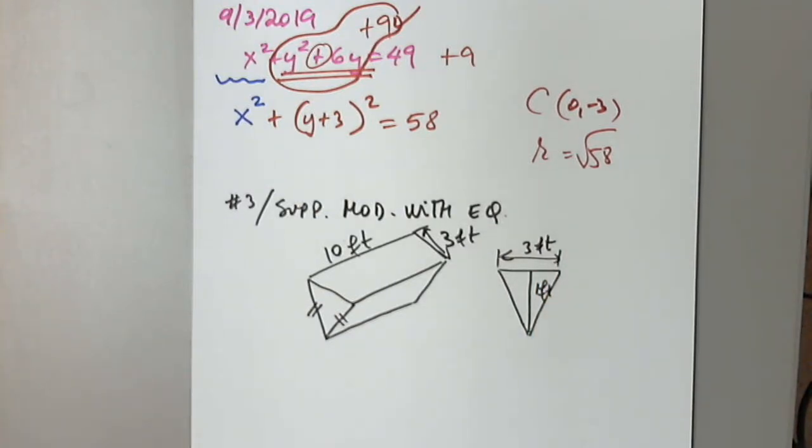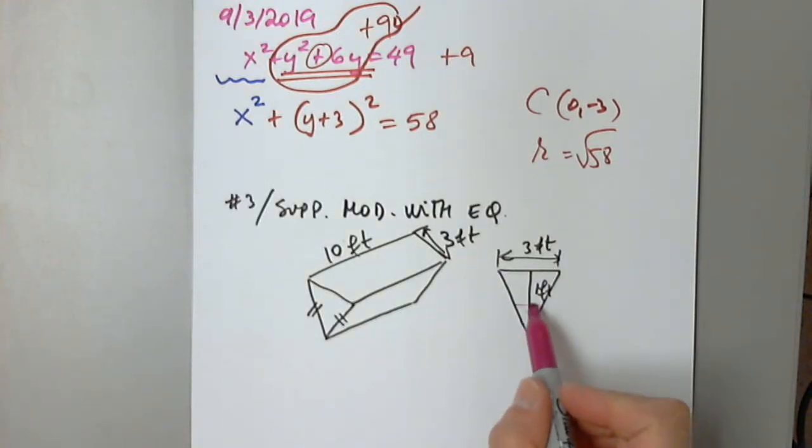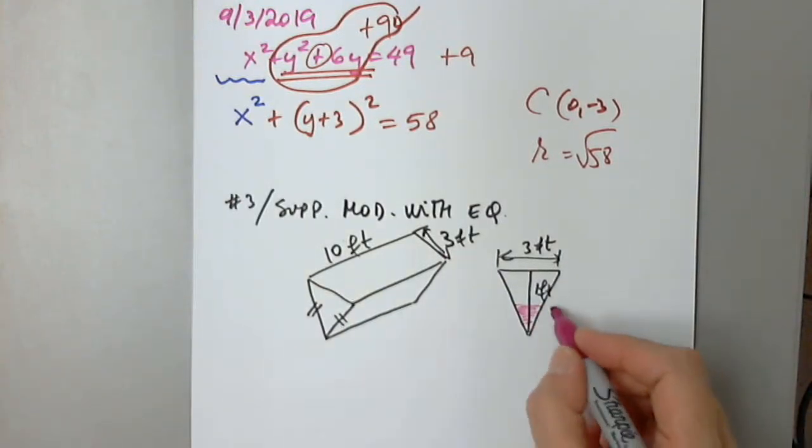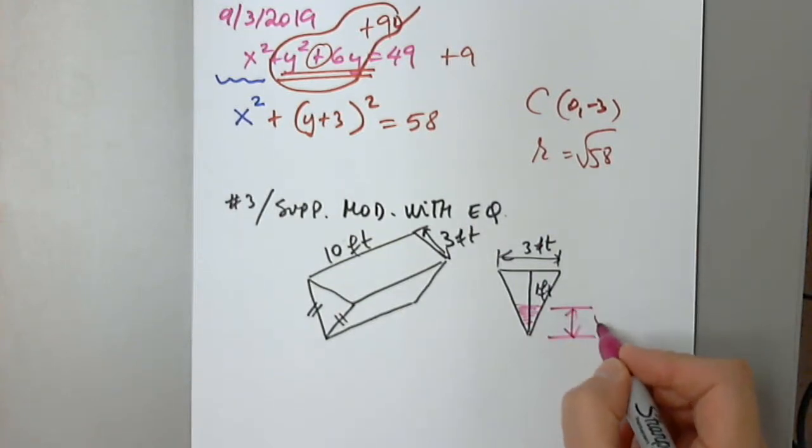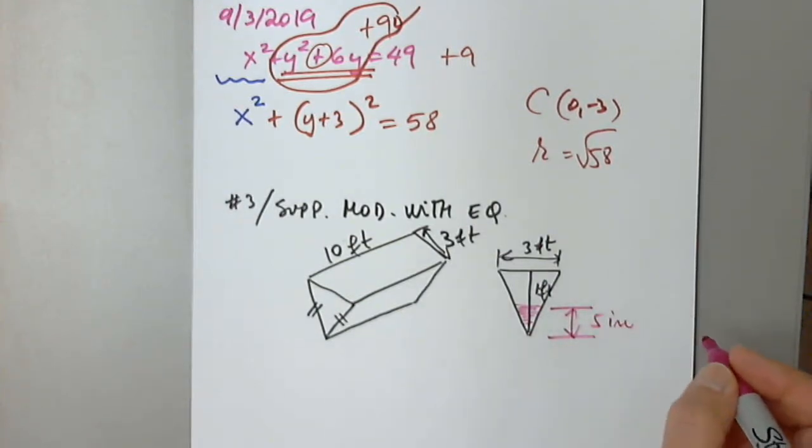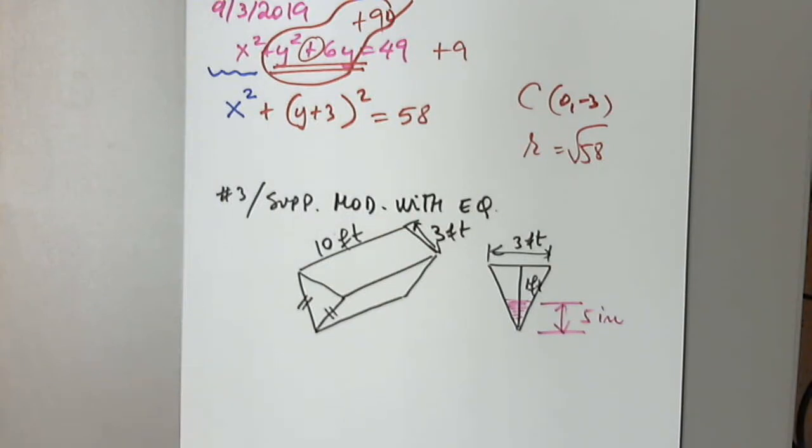If the water is 5 inches deep, okay, so here's the water, and this is 5 inches. Careful. We either keep everything in feet or we keep everything in inches.